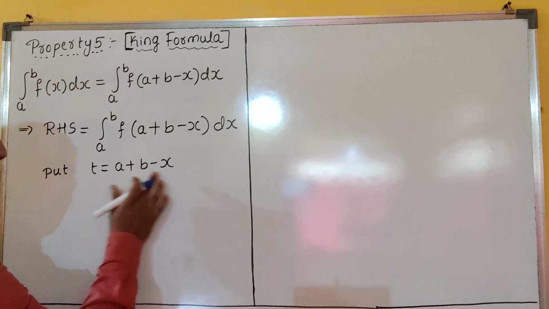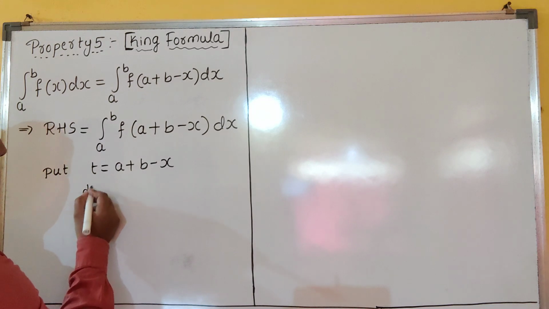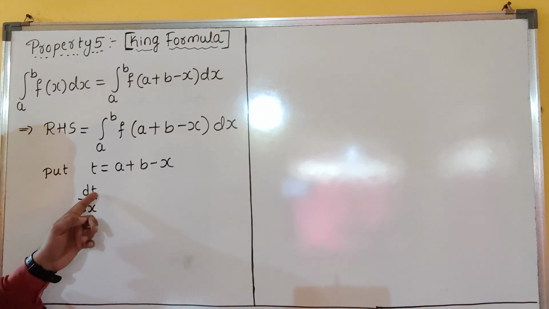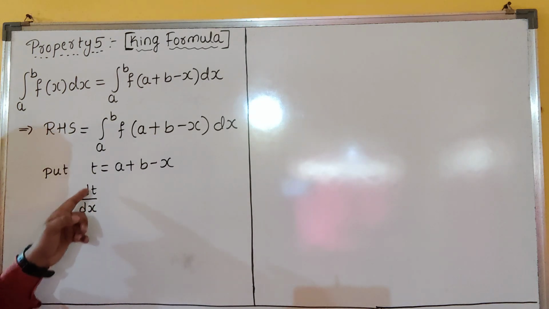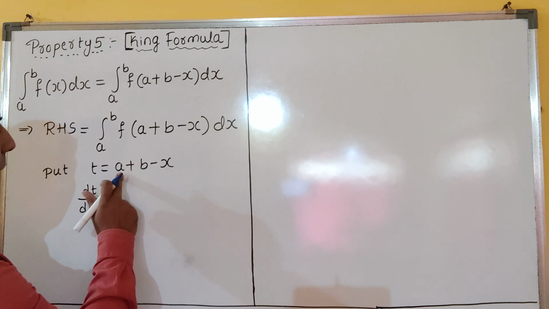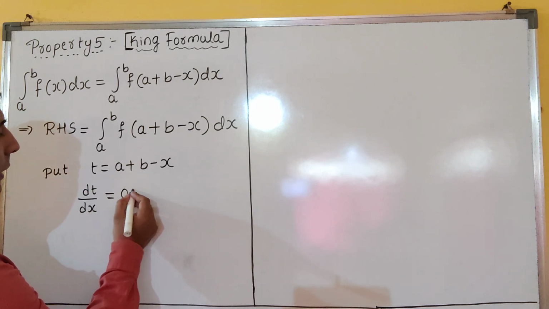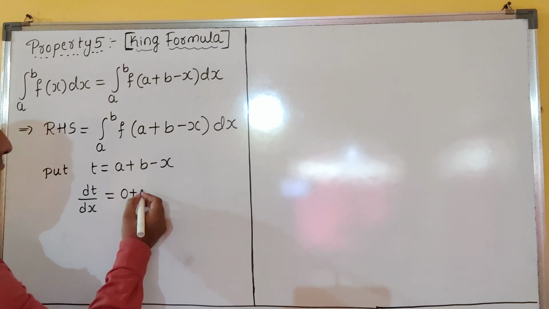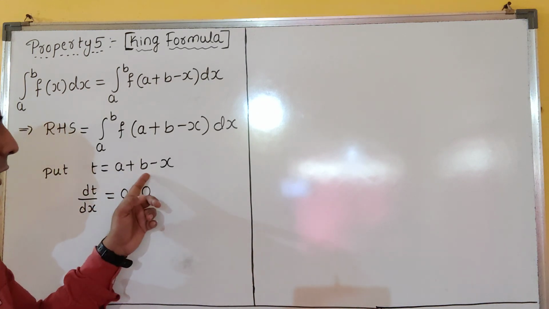Derivative with respect to x, dt by dx you will get, because variables are different. T is different, x is different, means differential operator will join. So derivative of a is 0. A and b are constants. Derivative of b is also 0 because both are constant.